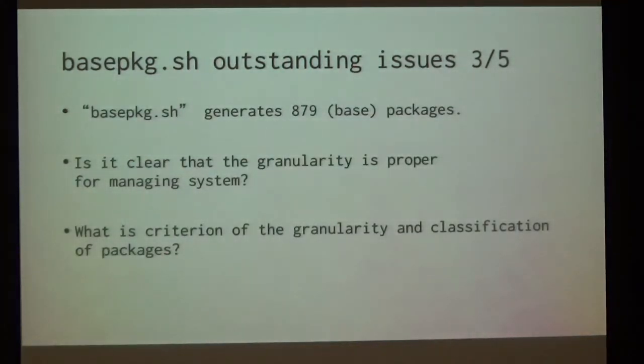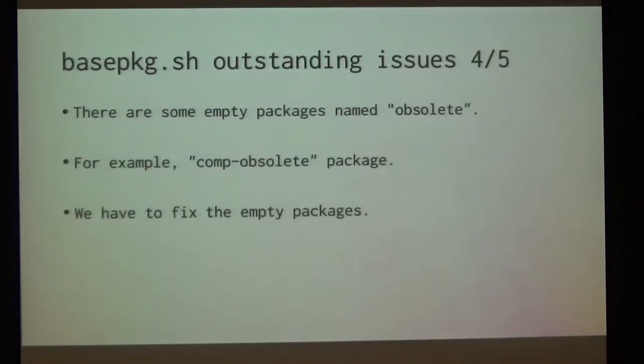And basepkg.sh generates 879 packages. It is not clear whether the granularity is proper for managing the system. What is the criterion for the granularity and classification of packages? And there are some empty packages named obsolete, for example, the conf obsolete packages.